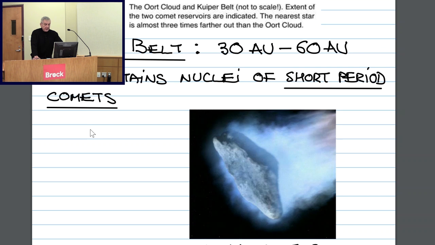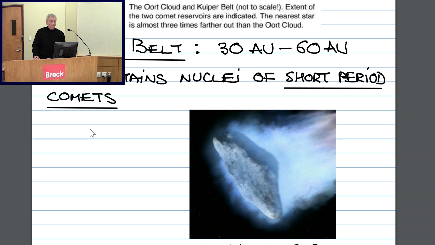And when the nucleus is far away from the Sun, it receives little solar heating. Therefore, these volatile substances forming ices are still part of the nucleus.